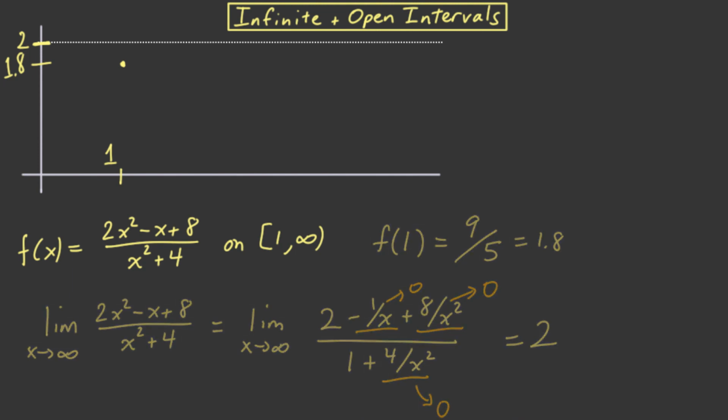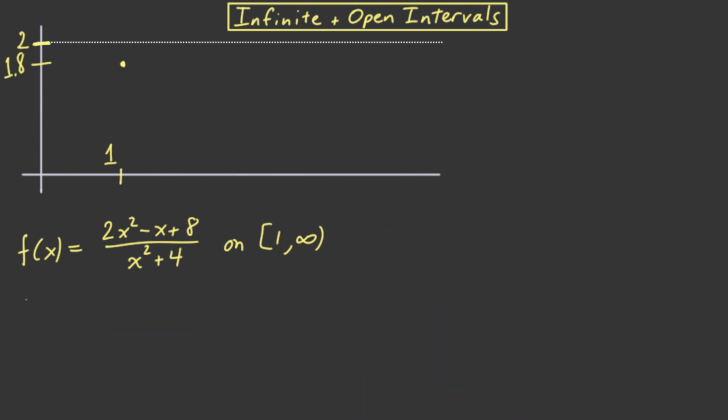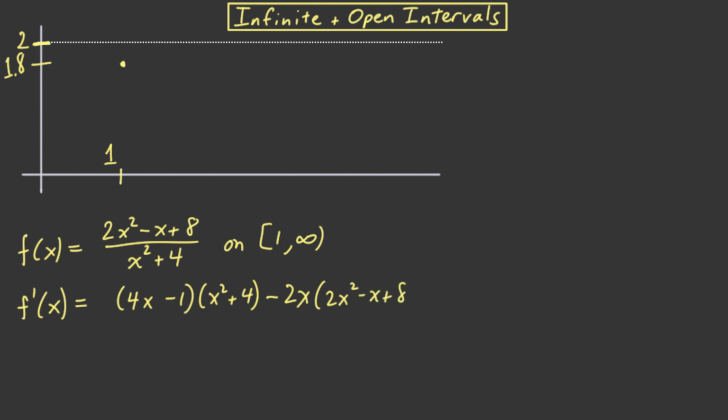I'm going to erase this stuff down here, and then we can find f prime of x just using the quotient rule. So we need the derivative of the top, that's 4x minus 1, times the bottom, which is x² + 4, minus the derivative of the bottom, 2x, times the top, 2x² − x + 8. And this is all over the denominator, (x² + 4)².